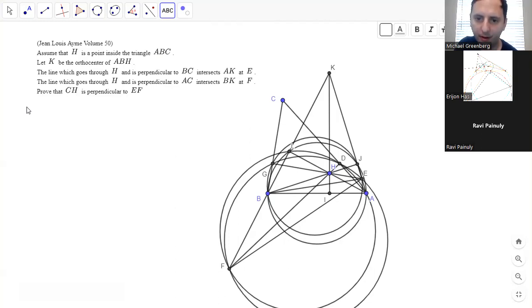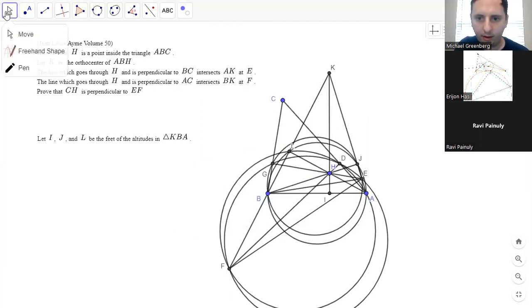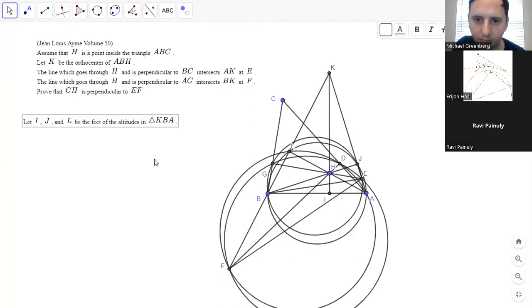So angle ALF. So first I'll define I, J, and L. So let I, J, and L be the feet of the altitudes in triangle KBA. And then angle ALF equals angle ADF, which is 90.